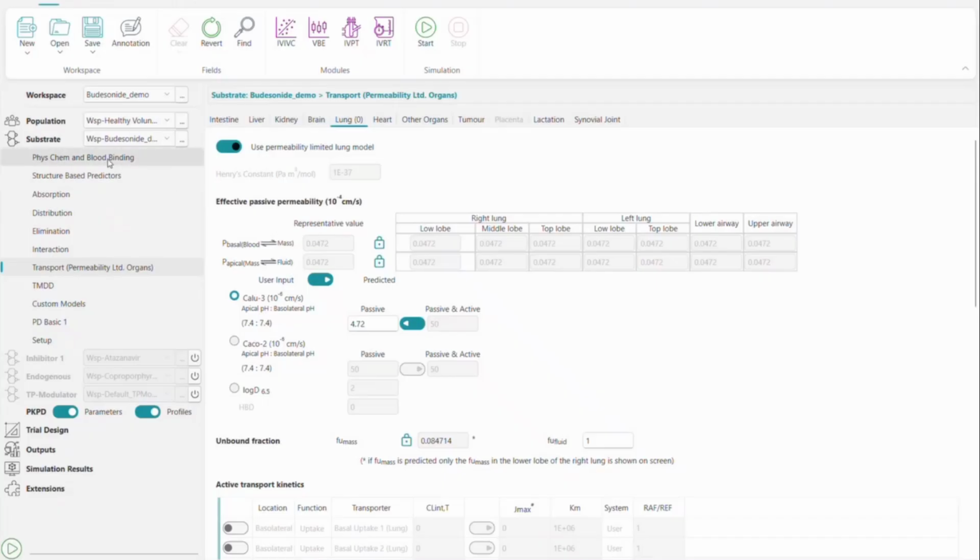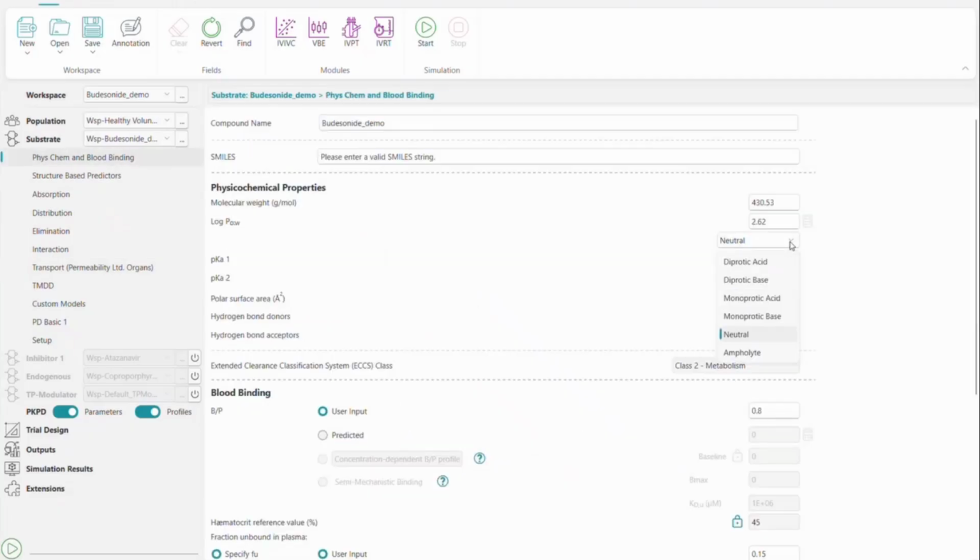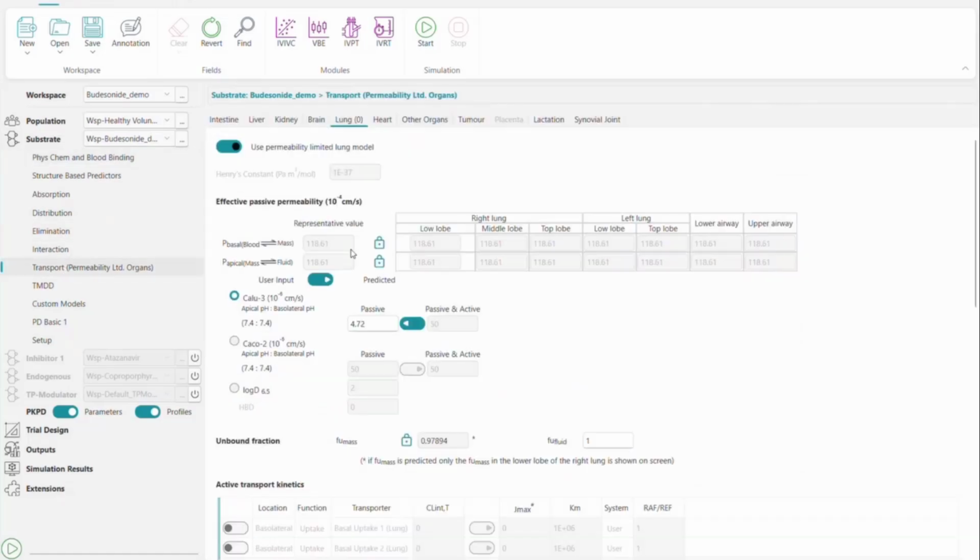So if we go to the physical and blood binding and just show what happens with a compound that isn't neutral, so just make that 4. So it's a fairly highly ionized compound at lung pH. You can now see the permeability value is increased a lot. Originally, it was 0.0472. That's much larger.